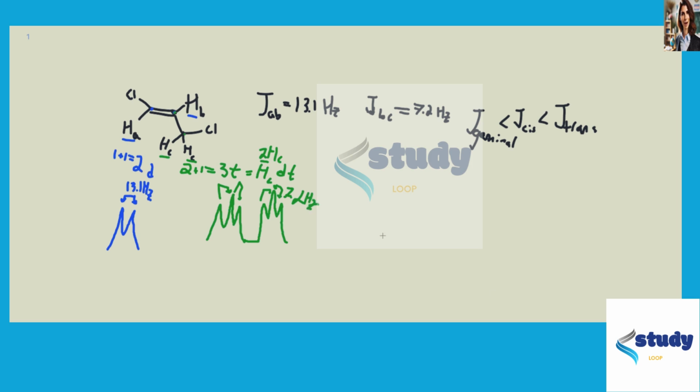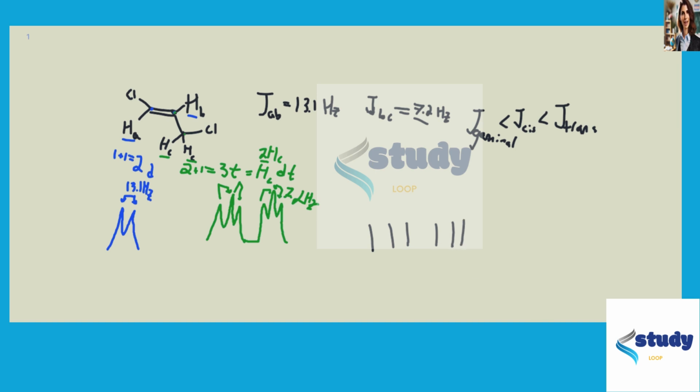So how do we draw this in a splitting diagram? Let's draw our protons that generate the smaller J constant values first. We have two protons. Each of them will be a triplet, so we have 1, 2, 3. And then we also have another proton that gives us another triplet, 1, 2, 3. So we have a triplet of triplets.